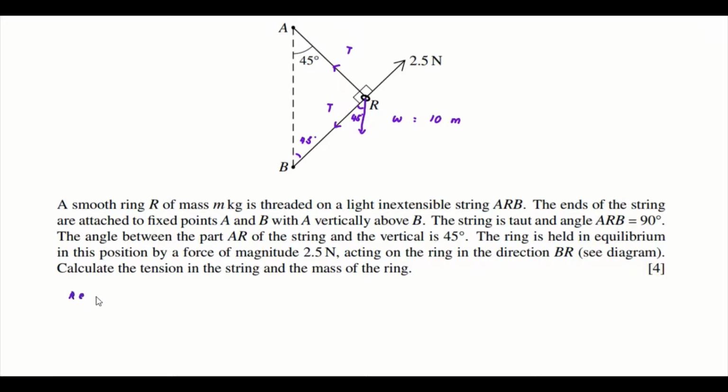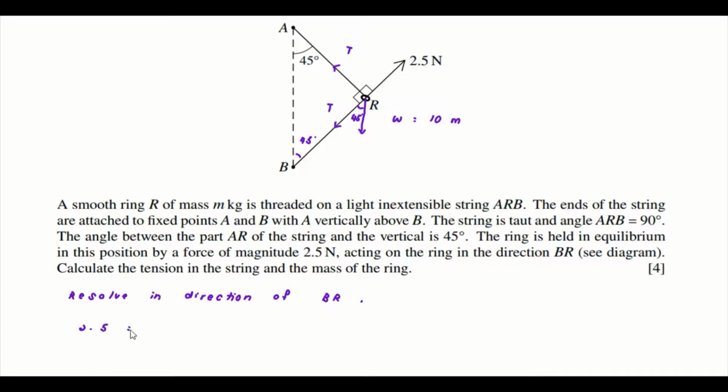Now we try to resolve in the direction of BR. Because we don't want to resolve so many values. So in the direction of BR, what we have on this line is this 2.5.